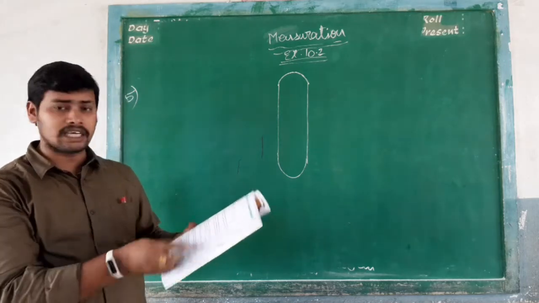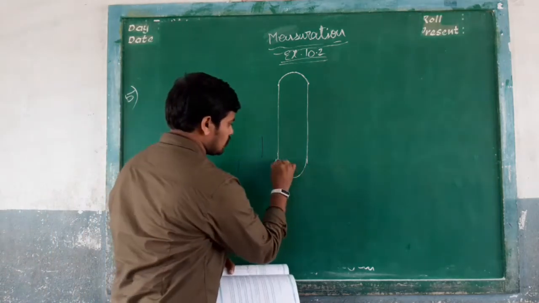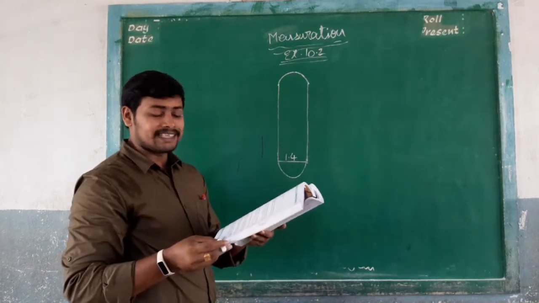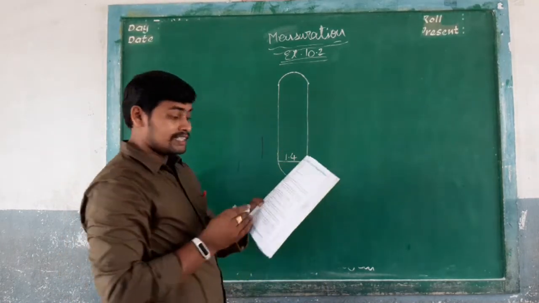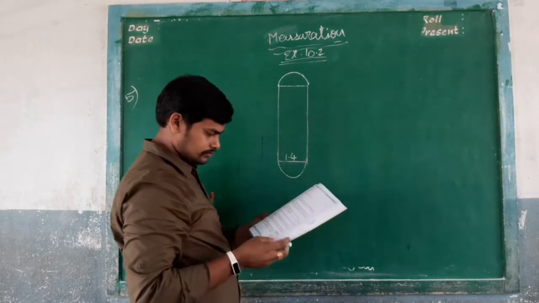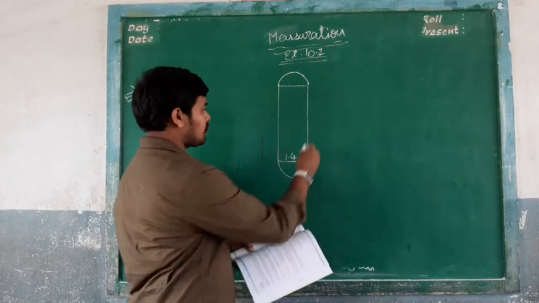If the external diameter of the cylinder is 1.4 meters and its length is 8 meters. Its length means the cylinder length, 8 meters.